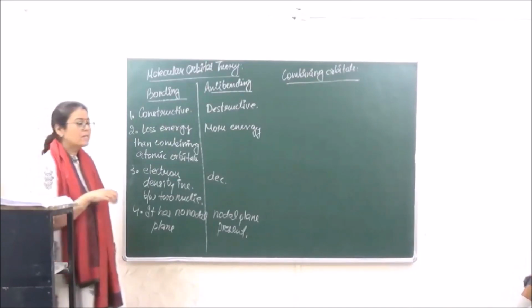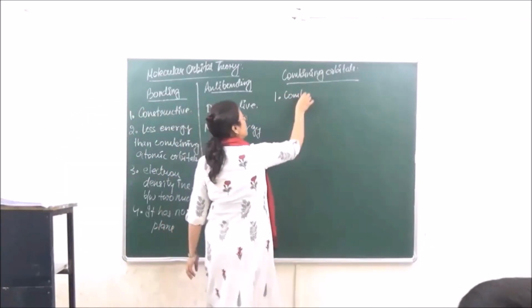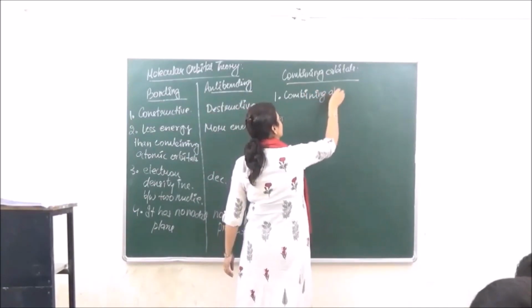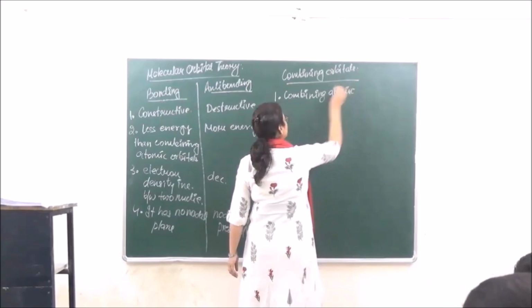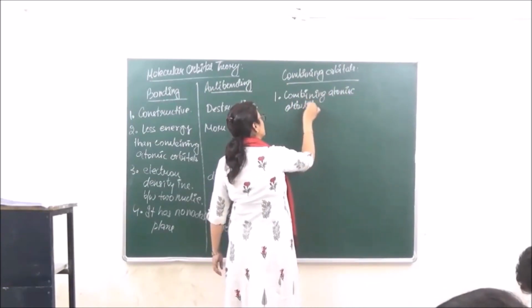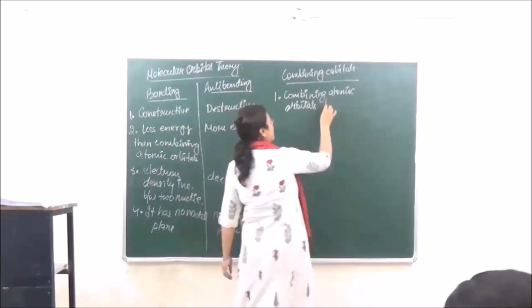The first one is that the combining orbitals should be at the same energy or comparable energy. Combining atomic orbitals should have comparable energies.